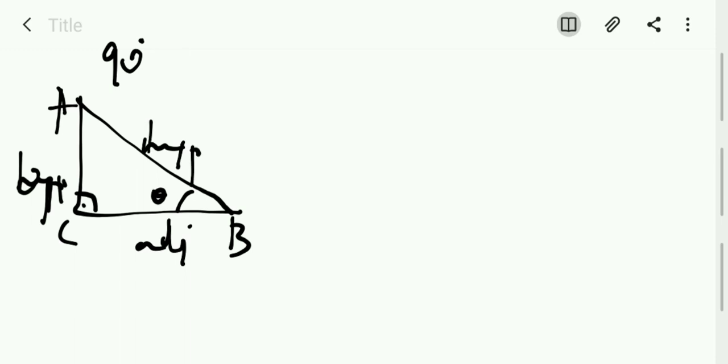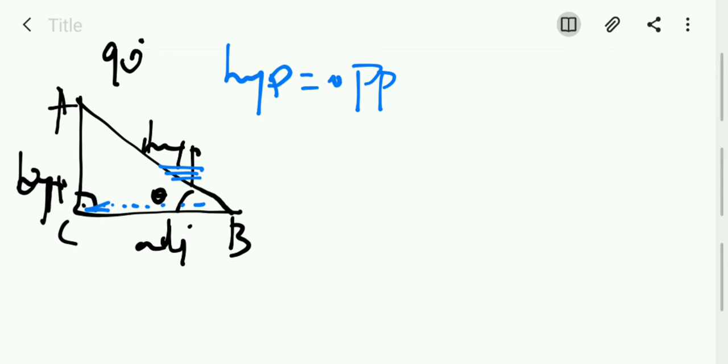Now if this theta is 90 degree, look here, this hypotenuse is slowly approaching the opposite side. So hypotenuse is equal to opposite.